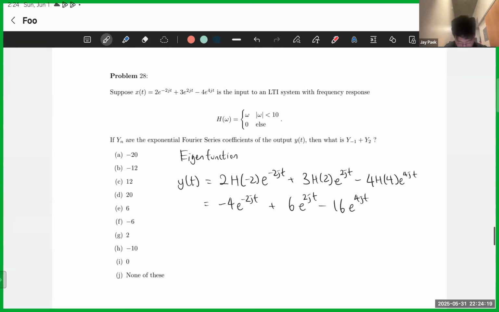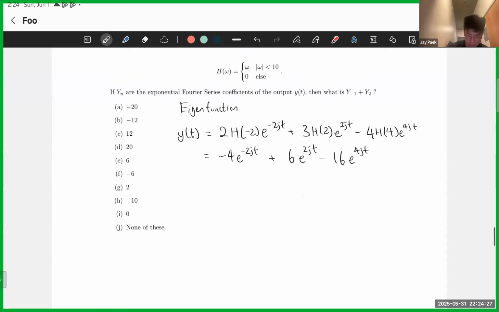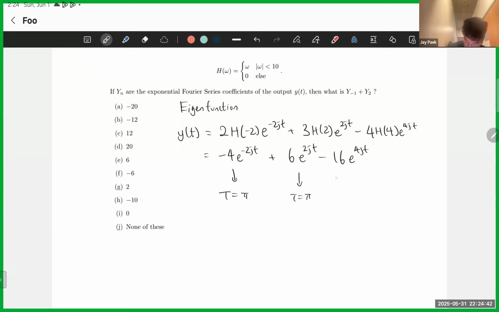And now here's the little intricacy here. We intuitively understand that this has omega equal to 2, so this has period pi. This has period pi. And this has period pi over 2.